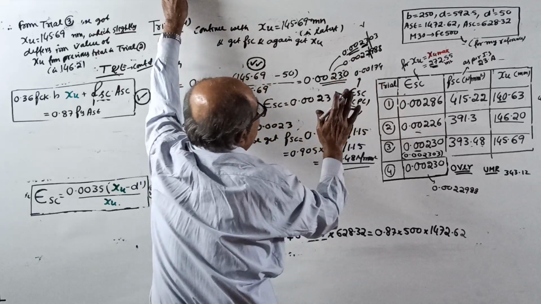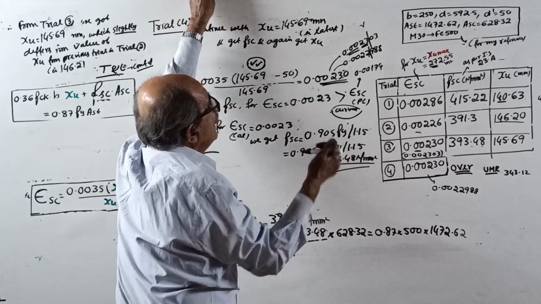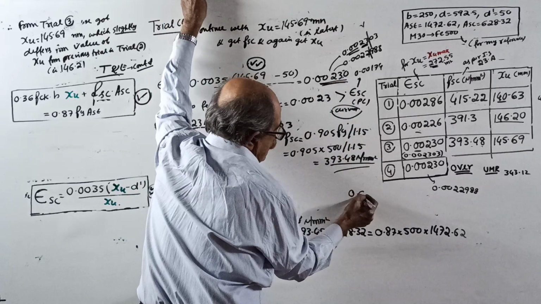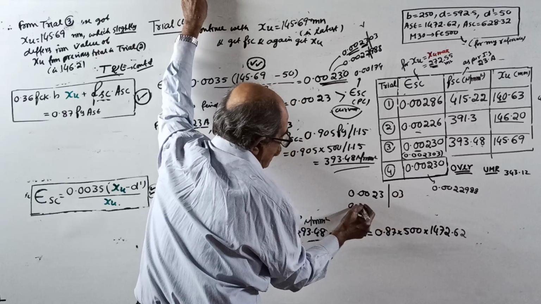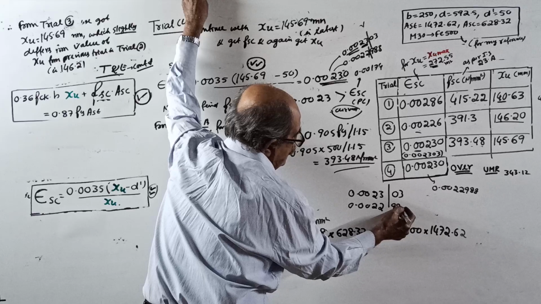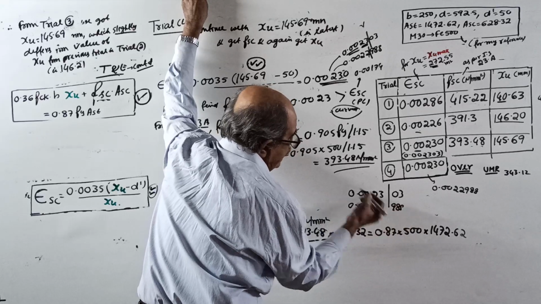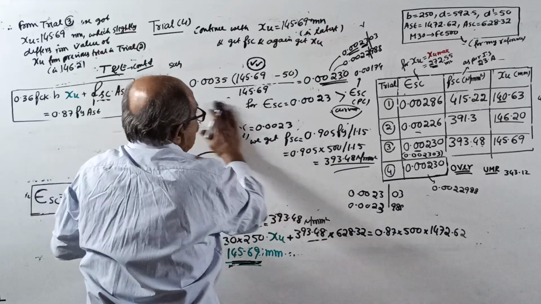Therefore, very happy. Last time it was 0.002303. Now it is 0.0022988. Because of this 988, it will become 3. Now you should stop.